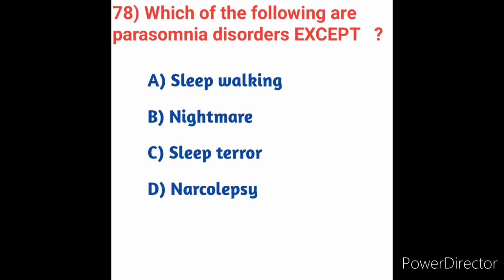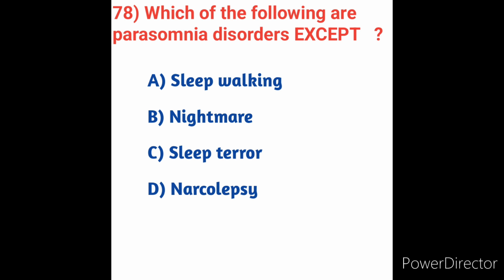Which of the following are parasomniac disorders except? We will see the options. Option A sleepwalking, option B nightmare, option C sleep terror, option D narcolepsy. Here we have to know what a parasomniac disorder is. A parasomnia is a sleep disorder that involves unusual and undesirable physical events.